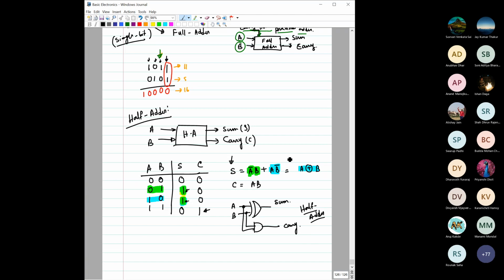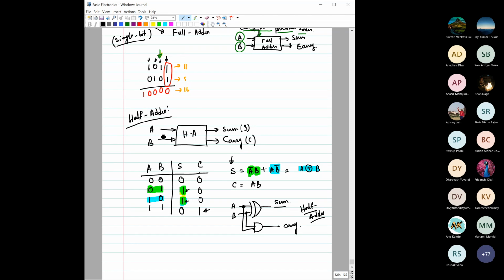Sir, at the last, we also need to add this sum and carry, right? Which one? This sum that you have created right now and carry. This sum we have to add with whom? Carry. Why?